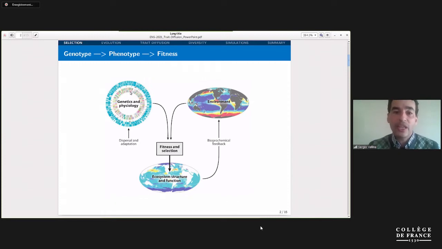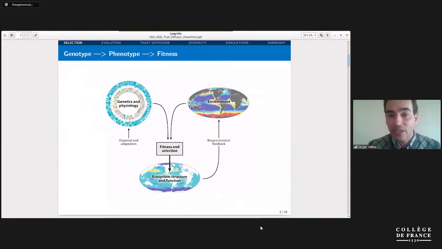And so you have a combination of how the physiology of the organisms or ecotypes you have in your model combines with the environmental conditions of the ocean: the dispersion, the currents, the temperature, the light levels, etc. This combination leads to a fitness for each ecotype, how fast they can grow in that particular local environment. And therefore, the fastest ones, the ones with the highest fitness, are going to be selected, and you're going to end up with a given structure in your community.